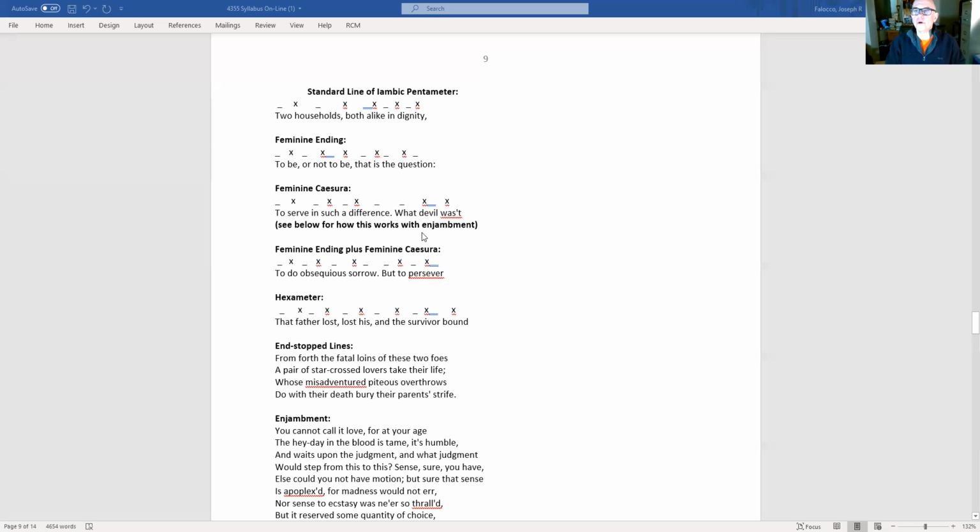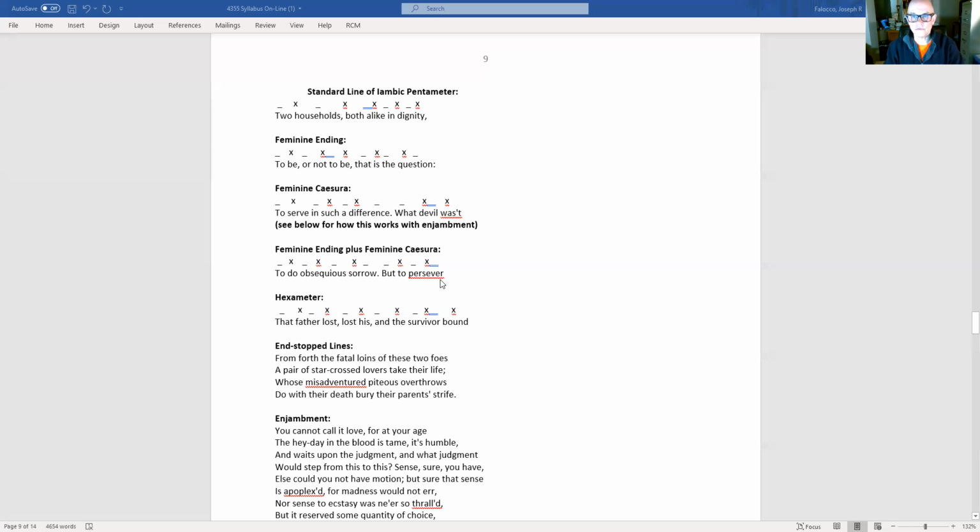Next, we have two examples of 12-syllable lines. The first one contains both the feminine ending and the feminine caesura. So in this line, if we took out the second syllable in "sorrow" and the third syllable in "persever," we'd have a regular line: "To do obsequious sorrow, but to persever."